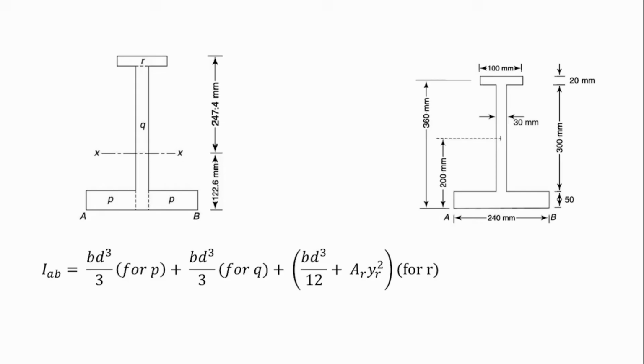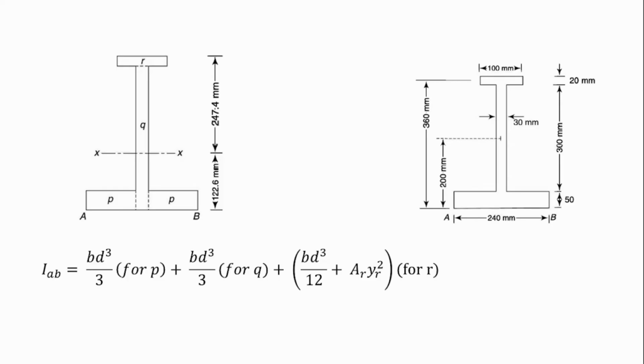And then for Q, B is 30, we already know. But the D has been extended by 50 mm since it cut through P to touch AB. So that D for Q will be the original length given, 300 plus 50. And then for R, there's no cutting. B will be 100, D will be 20. And then let's move on.